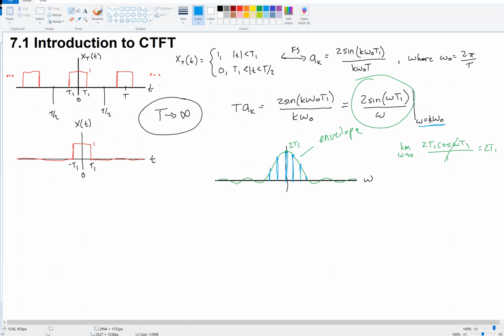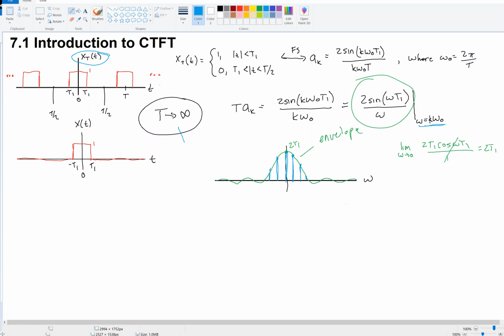Now, remember we said, and this was still all relating to this guy, the periodic signal. But then we said that if we take the limit as t goes to infinity, that periodic signal becomes the aperiodic signal, right? So let's consider that limit now, and let me ask you, what is the spacing of those bars?